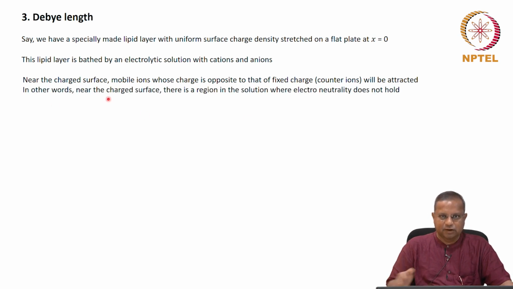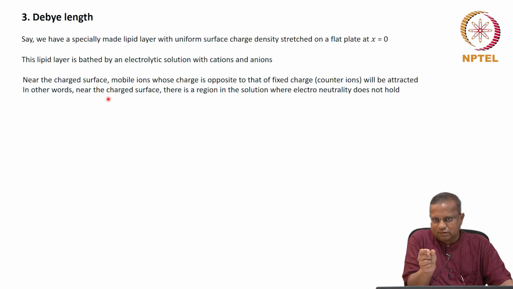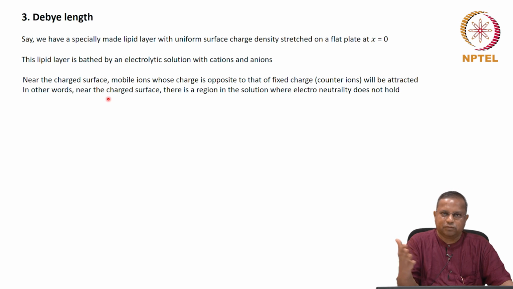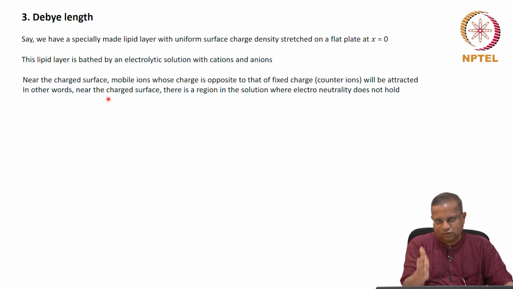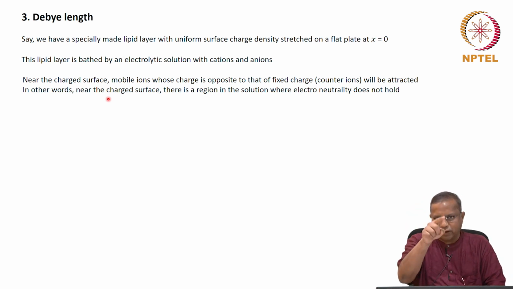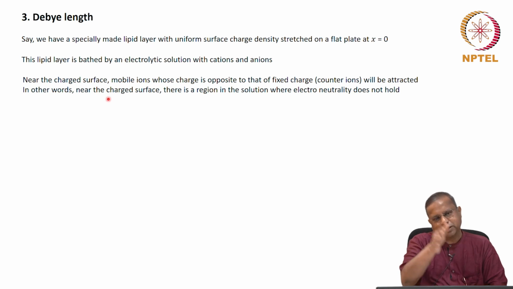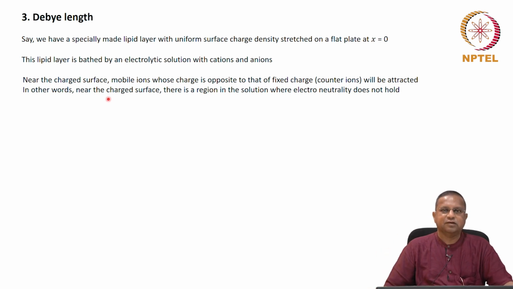In other words, near the charged surface, there is a region in the solution where electron neutrality does not hold. Therefore, there is a region where electron neutrality is not going to be valid in the solution. You take the plate and the solution together, yes, but in the solution itself, electron neutrality is not going to be valid.